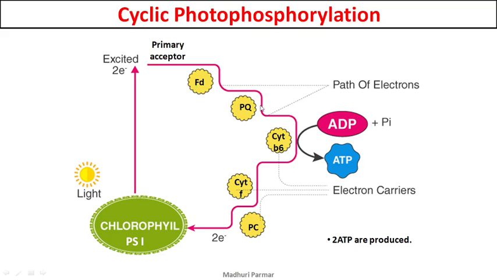PQ is plastoquinone. Plastoquinone is a lipid type of molecule, soluble in lipid, which you will see on the thylakoid membrane. After plastoquinone comes a cytochrome, which is called cytochrome B6F. It is just divided here in two parts, cytochrome B6 and cytochrome F. Just remember, I had shown you heme groups, right?